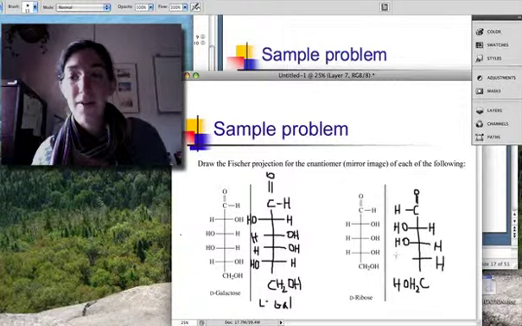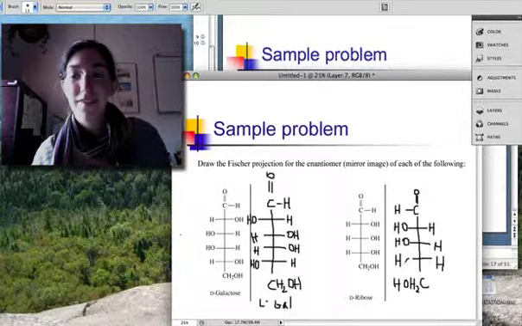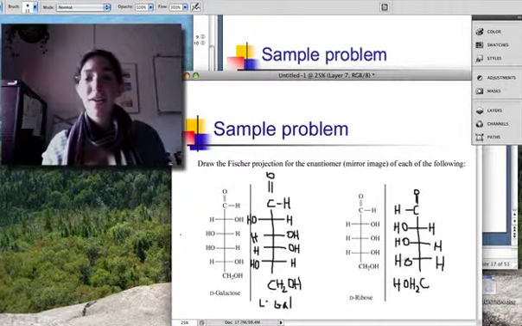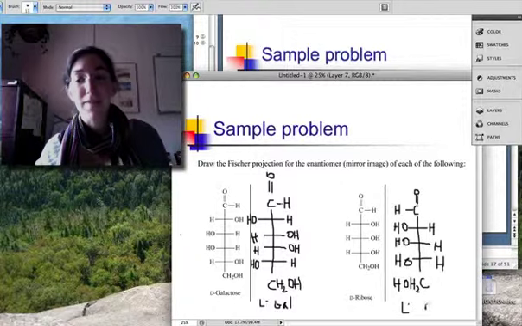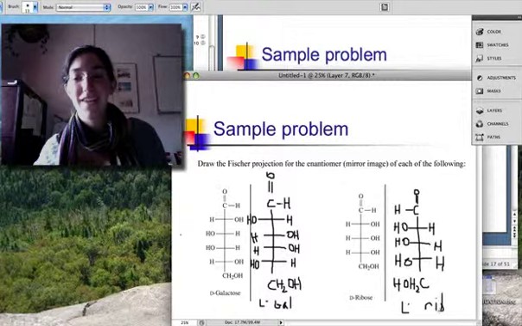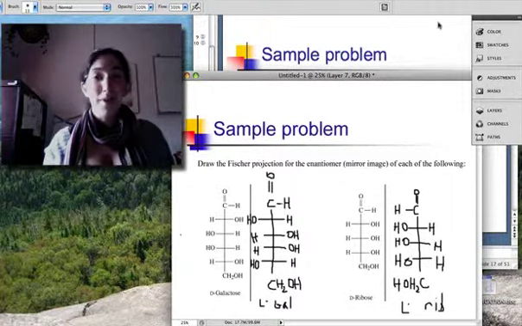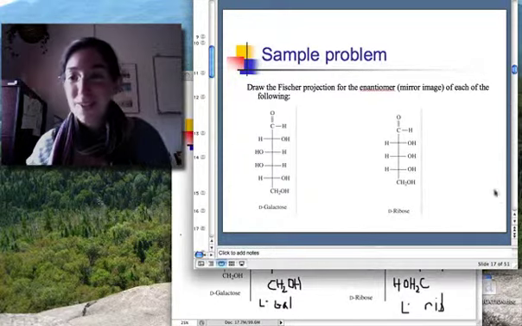So now they'll all be facing each other. Okay, ta-da! So now we have L-ribose, left-handed ribose. L-rib. Okay. Whew! A lot of work trying to draw with this trackpad.